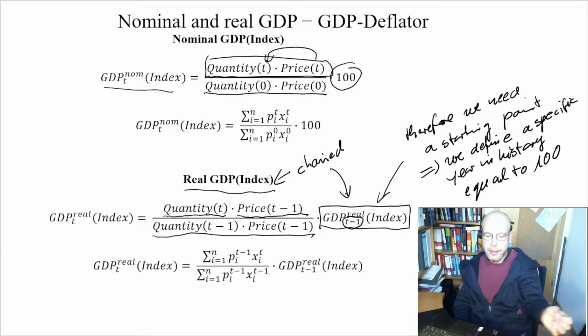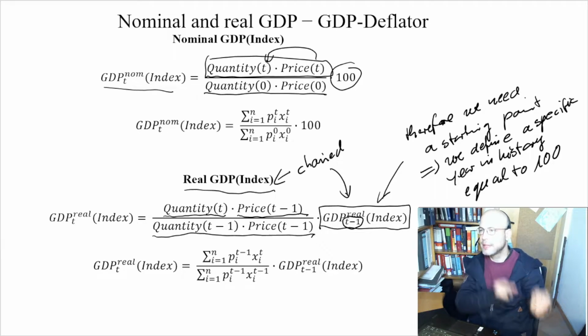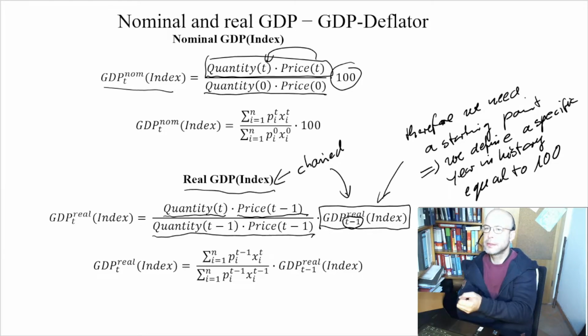But the nice thing is, since we are interested when we pose economic questions mostly not in the absolute values, but in the growth rates, just using one specific year, setting this to 100, of course, doesn't change the growth rates. So it doesn't matter if we choose 2015 as 100 or if we choose 2020 as 100.